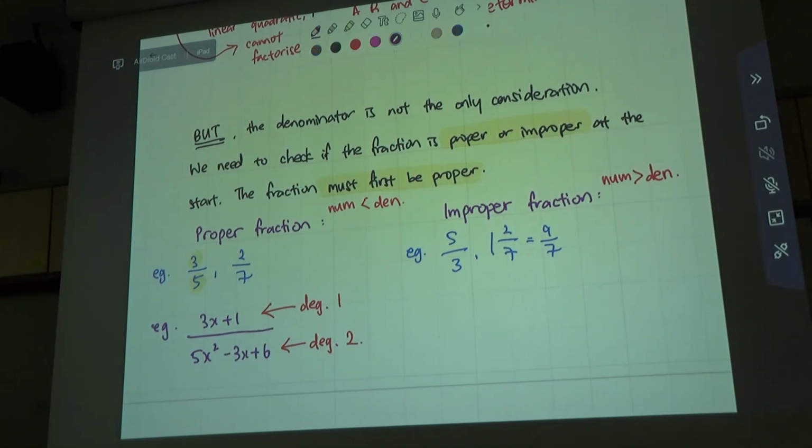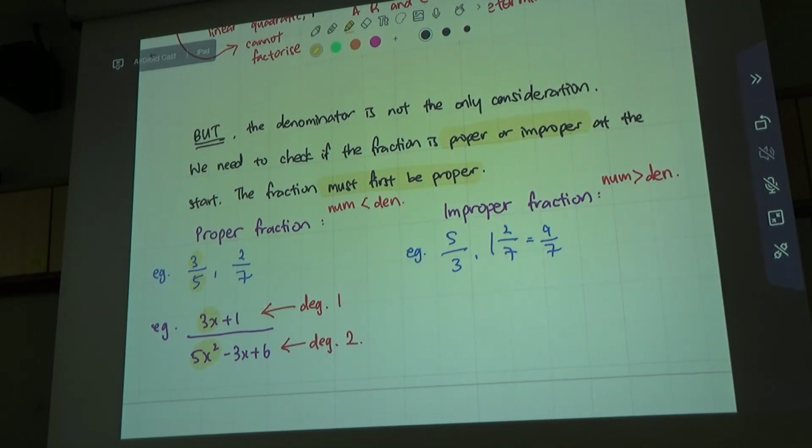The power of that particular x term is 1, and the highest power of x found inside this polynomial is 2. So the denominator has degree 2 and the numerator has degree 1.